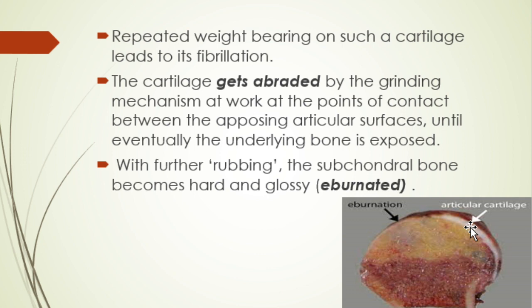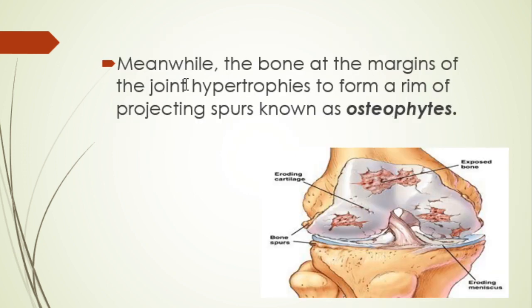So here you can see in this picture, there is a layer of cartilage attached to the bone, and here the cartilage is eroded, that is abraded, and the underlying bony part is exposed, which is hard and glossy and is called eburnation of the bone, that is eburnated bone. Meanwhile, the bone at the margins of the joint hypertrophies to form the rim of projecting spurs known as osteophytes.